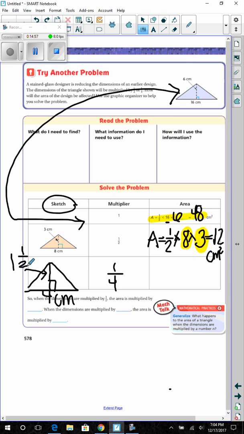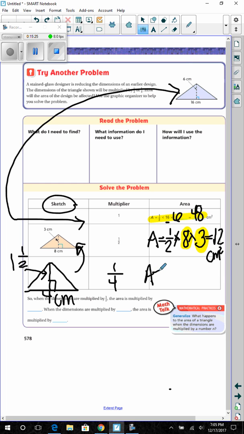So if you look at this picture, we had 8 centimeters for the base, 3 centimeters for the height. So we did 8 divided by 2, because half of a half is 1/4. So we got 4 centimeters, and then 3 divided by 2 is 1.5. That is where those numbers came from.